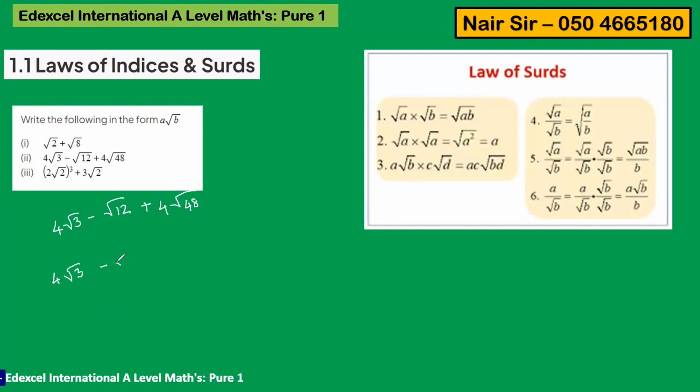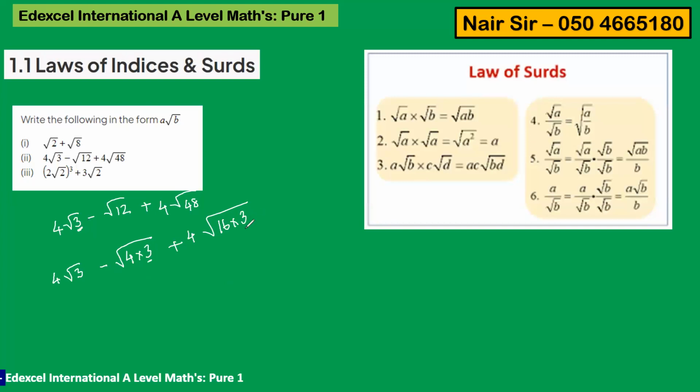This number I can write as 4 into 3, plus 48. 16 times 3 is 48. So the common factor I'm looking at is this 3.